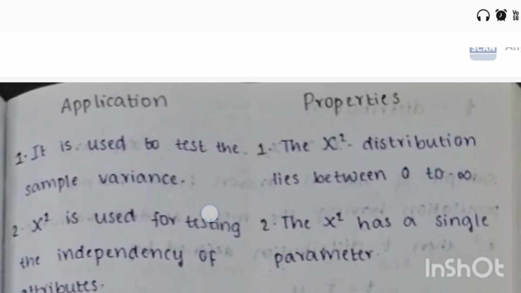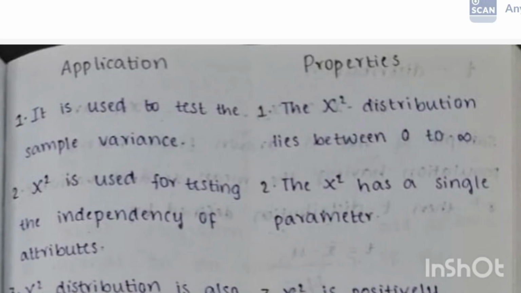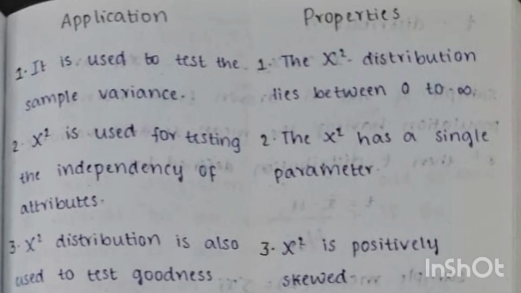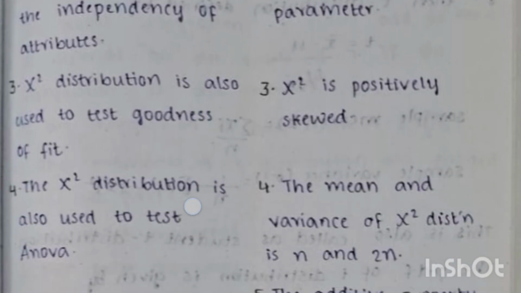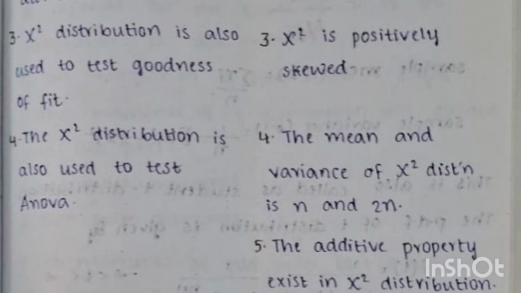Next, the properties of the chi-square distribution. It always lies between 0 and plus infinity. The chi-square has a single parameter, that is n. Chi-square is positively skewed. The mean and variance are n and 2n.